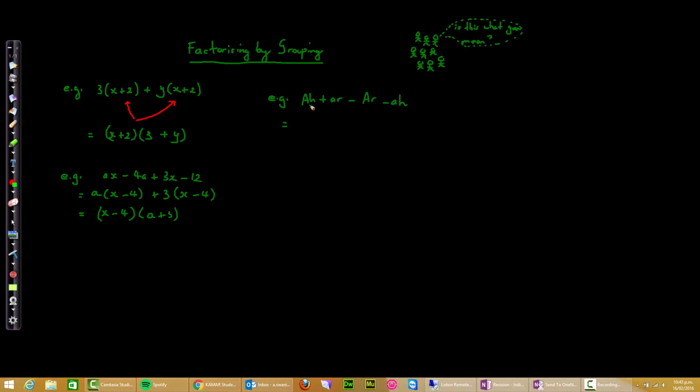So I'm going to notice that this capital A and capital A here, if I actually rewrite this with those two terms first, I can take capital A out as a common factor, and have h minus r as a common factor inside the bracket. And what about the rest of this here? Small a r minus small a h.